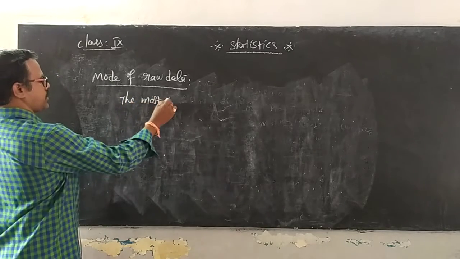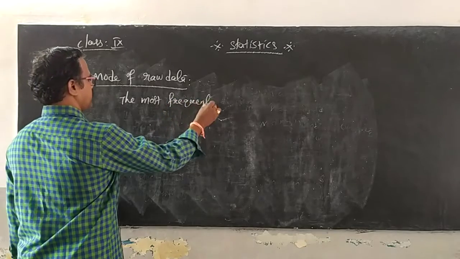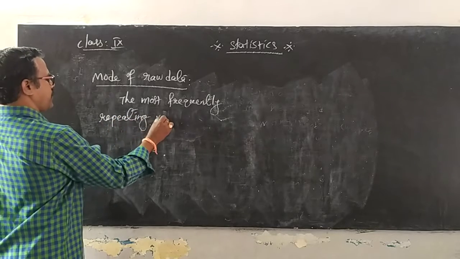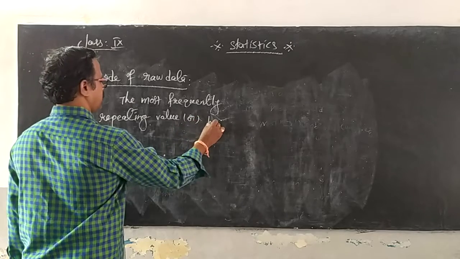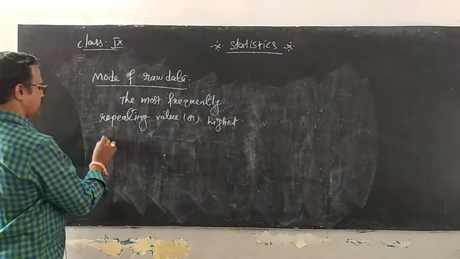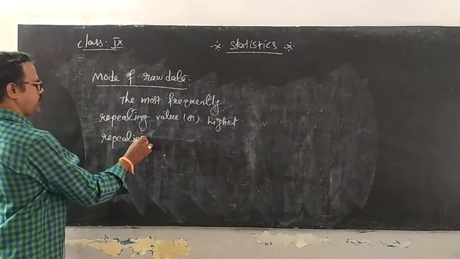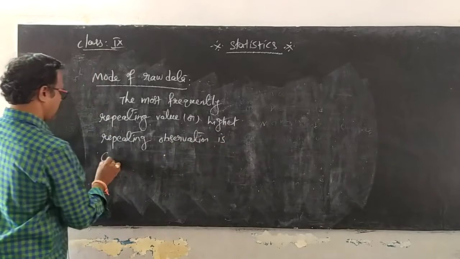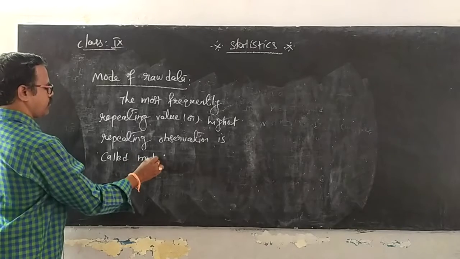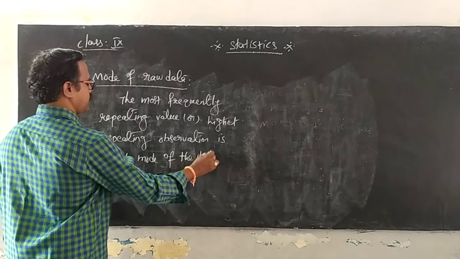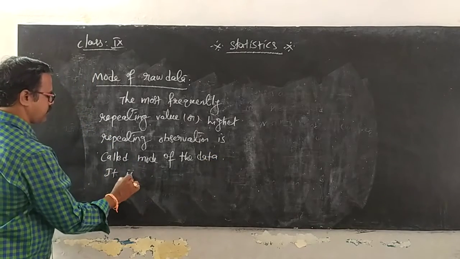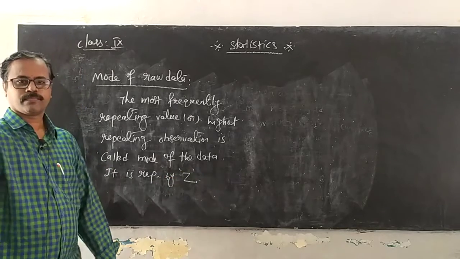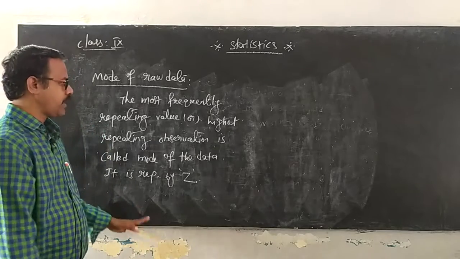The most frequently repeating value or highest repeating observation is called the mode of the data. It is represented by Z.